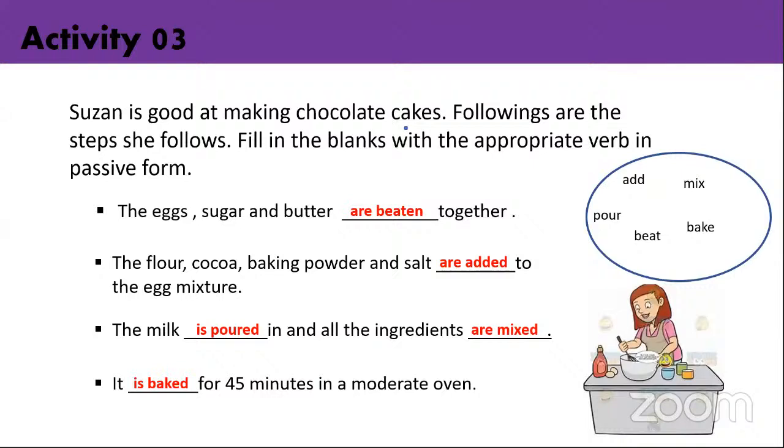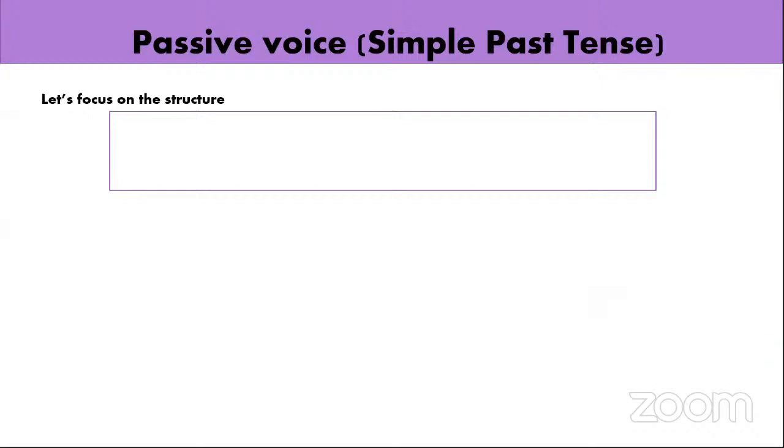Okay, children. We have already done 3 activities, different activities on simple present tense, passive voice. Let me draw your attention on passive voice simple past, because it is the same structure, but only the be verb is changing. Once again, the new subject, then the be verb.